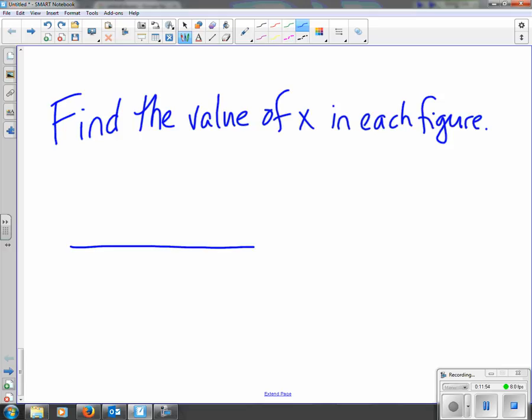I have this line and a line coming out of it, and right here is 38 degrees, and we want to know what this angle right here, x, is. We have to find the value of it.